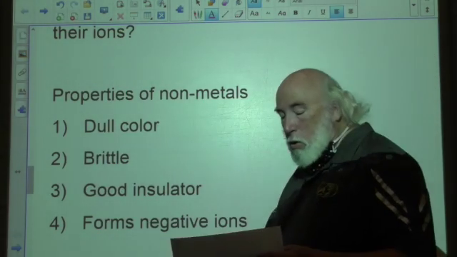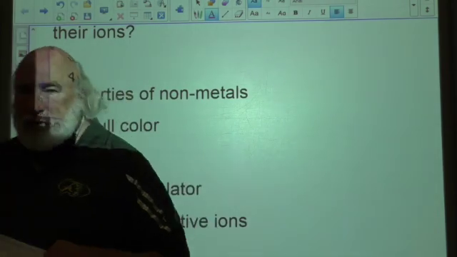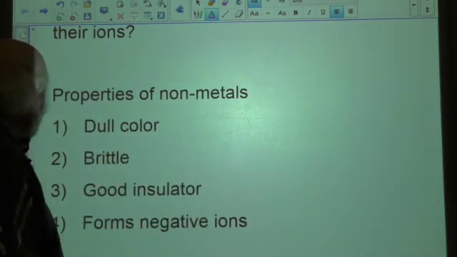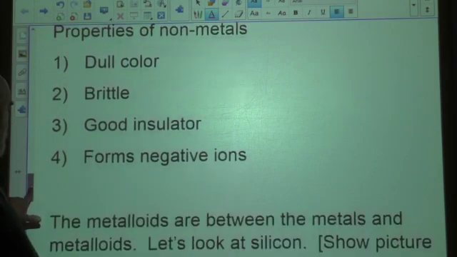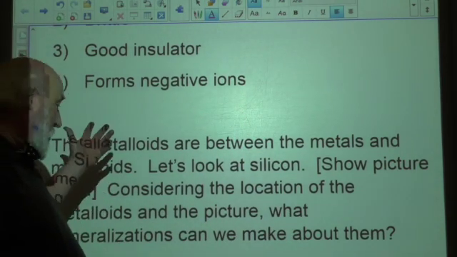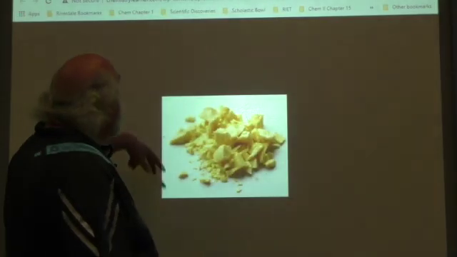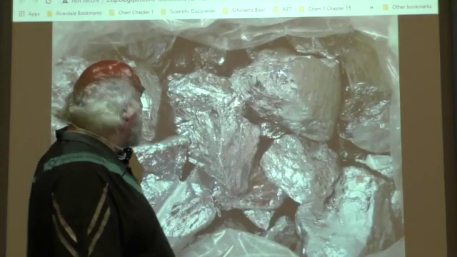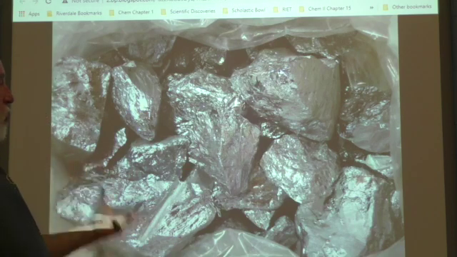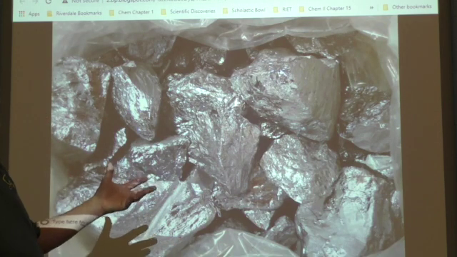Okay, now we get to the third group, which is the metalloids. Those are the elements right on the staircase that you darken in, hopefully. And the metalloids are between the metals and the nonmetals. Let's take a look at some silicon. Silicon is right here. Now, silicon is rather interesting looking. It looks like a bunch of rocks that have some luster to it.